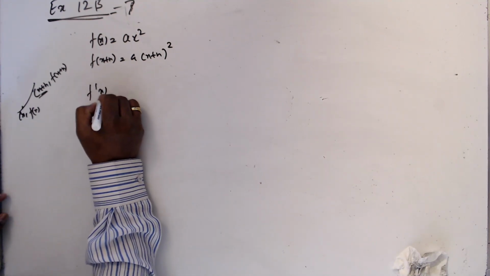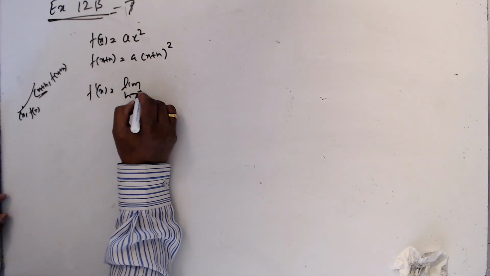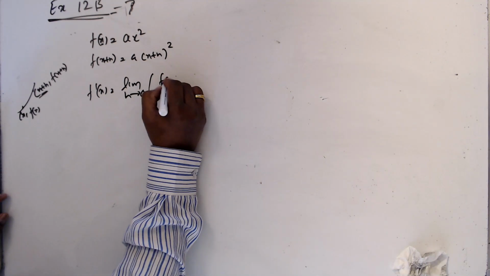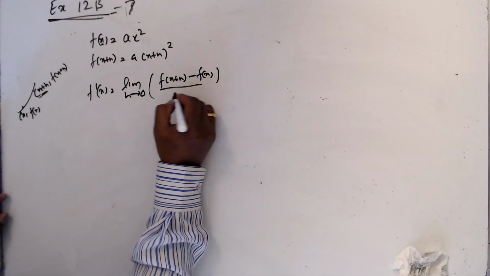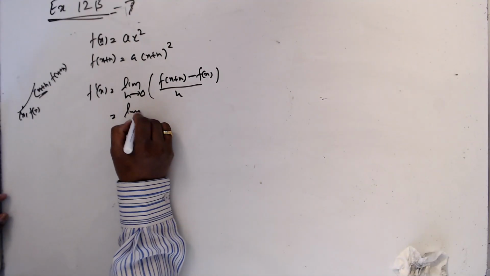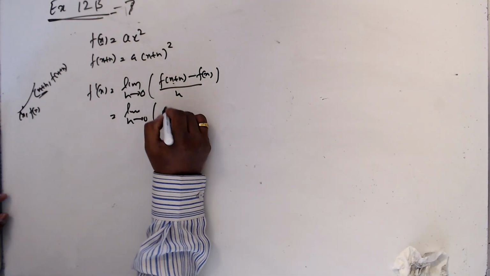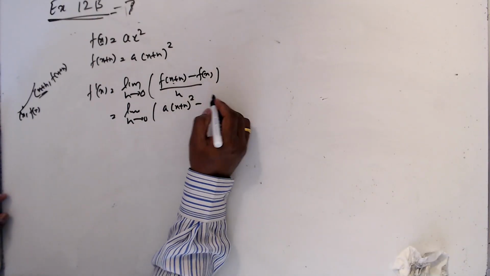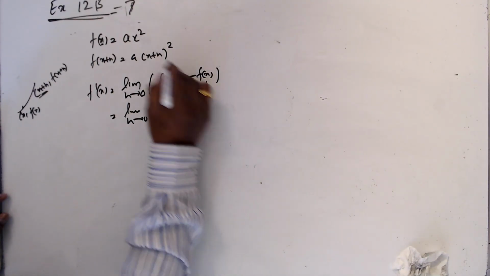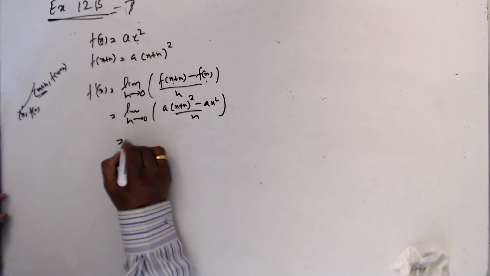Now f dash x equals the formula f(x plus h) minus f(x) over h. What is f(x plus h)? It means a(x plus h) square, minus f(x), which means ax square, over h.